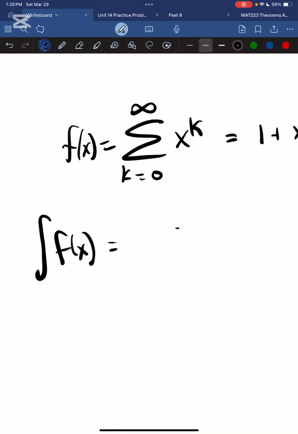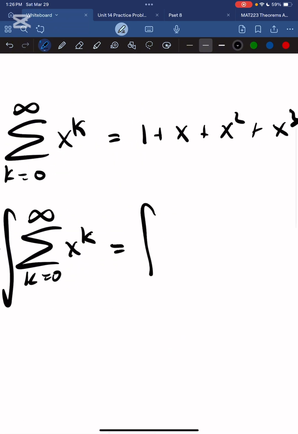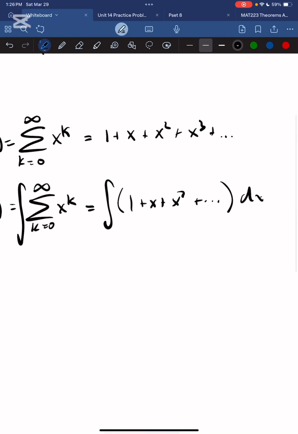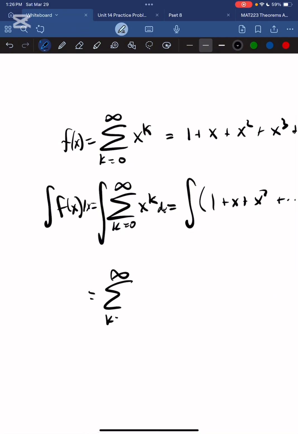We can integrate this guy, and so we can get the integral of 1 plus x plus x squared and so on. We have an infinite integral. Sorry, you have to write dx at the end. The way we do that, we can literally just work the integral into x to the k.